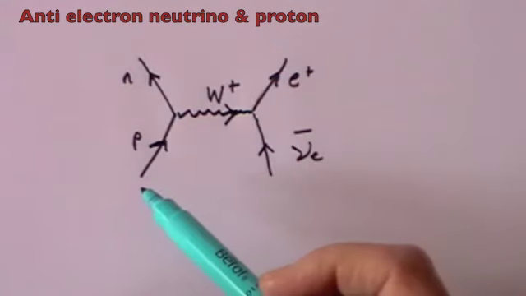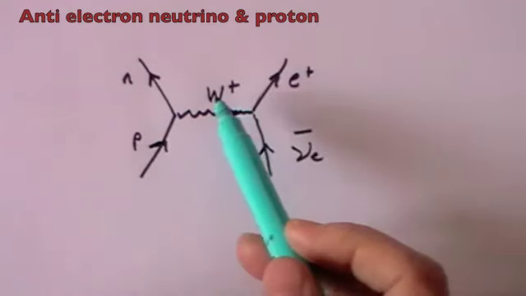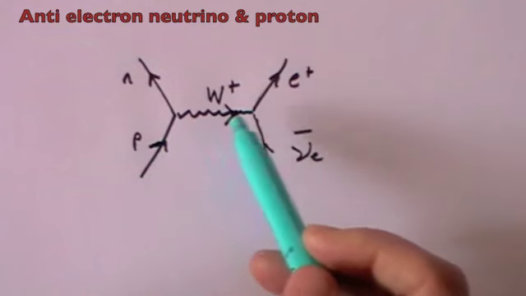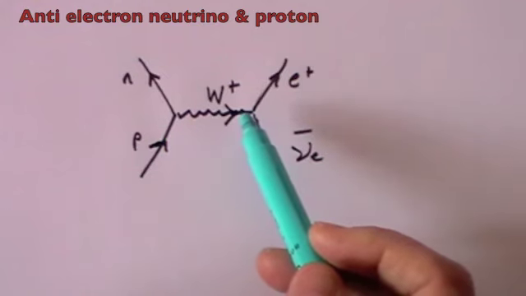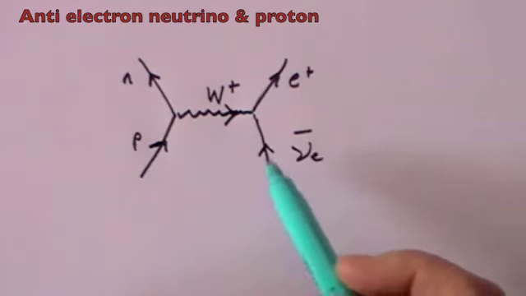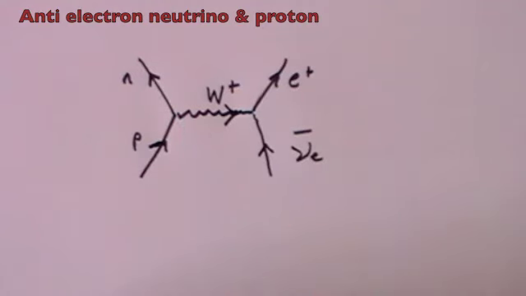And baryons are okay because we've got a proton coming in and a neutron going out. And that is achieved by the weak interaction, hence the W plus. It's the W plus because it's conveying away a positive charge. Of course, you could have exactly the same interaction, but with a W minus going across in the opposite direction.